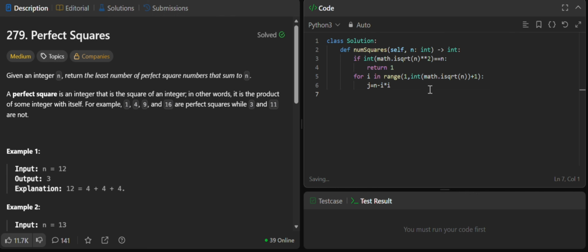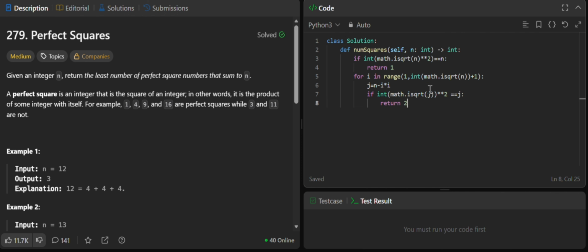Here we are trying the possible squares, i squared, and checking if the remaining part j is also a square. If it is, we simply return 2. So I check if int of math.sqrt(j) squared is equal to j, then we return 2.